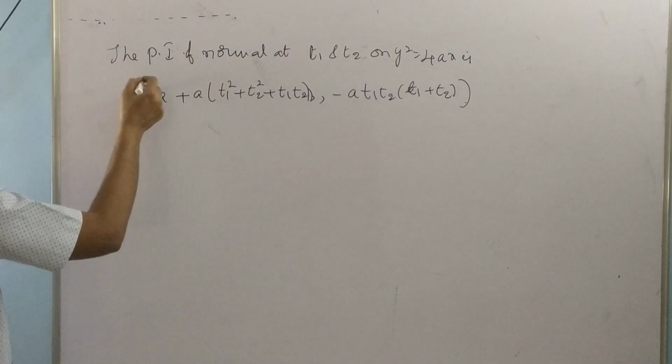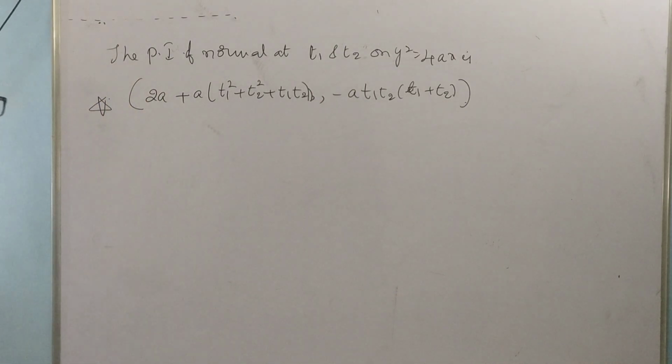So this is the point of intersection of normals at T1 and T2.